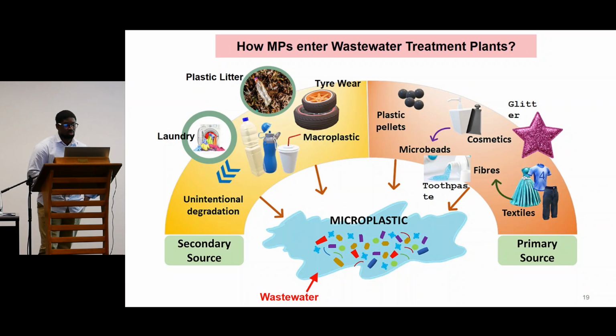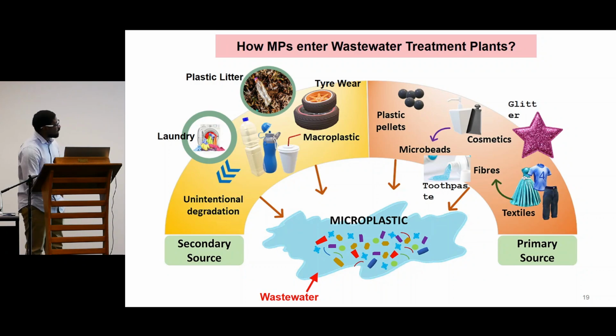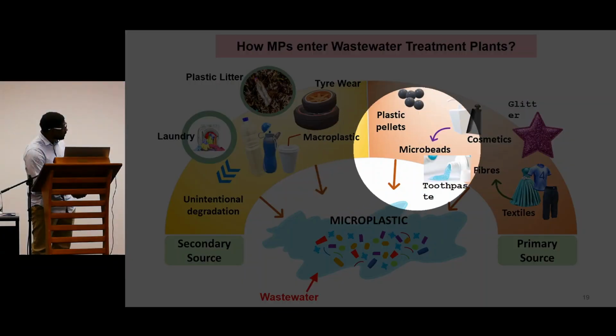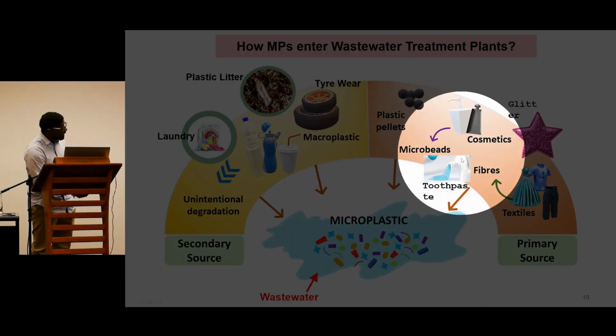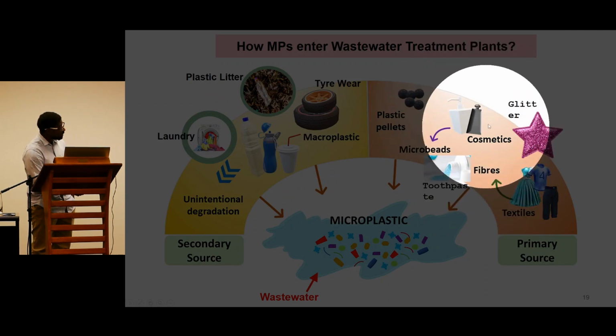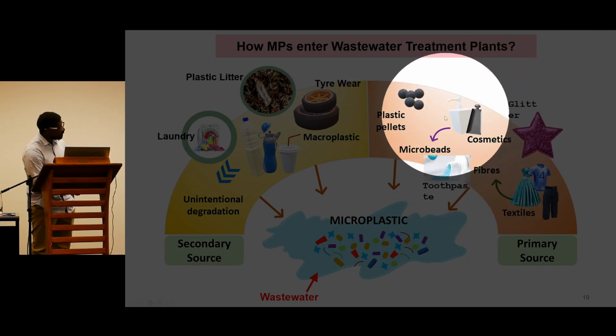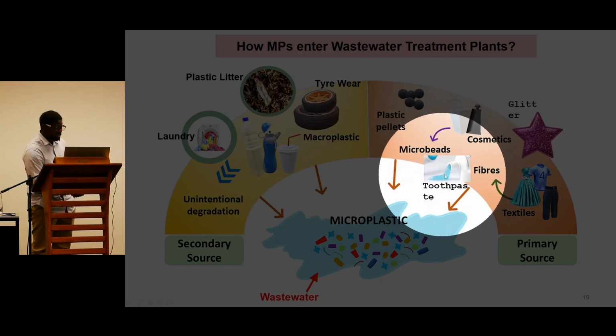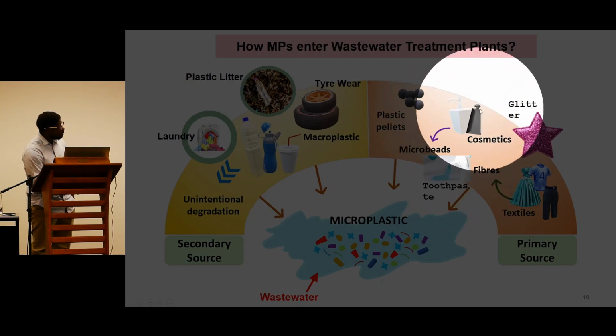You see, wastewater comes from our homes, the industries, as well as stormwater. And all this wastewater contains microplastics. It starts with our homes, where we have microplastics in products like cosmetics and toothpaste.